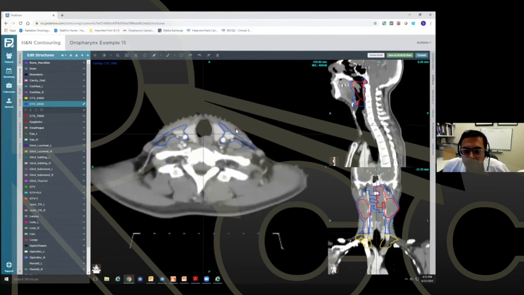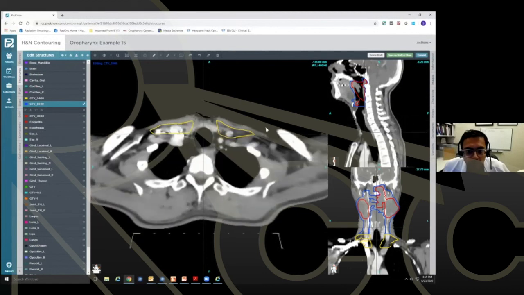All right, now let's go down to here. Someone want to take a look and let me know what you see wrong in the left neck? What would you adjust? Well, I know we're running a little short on time, so maybe I'll just start drawing. So we want to include the common carotid, right?